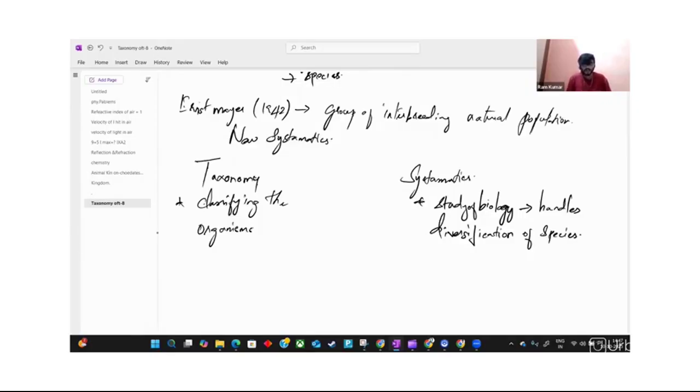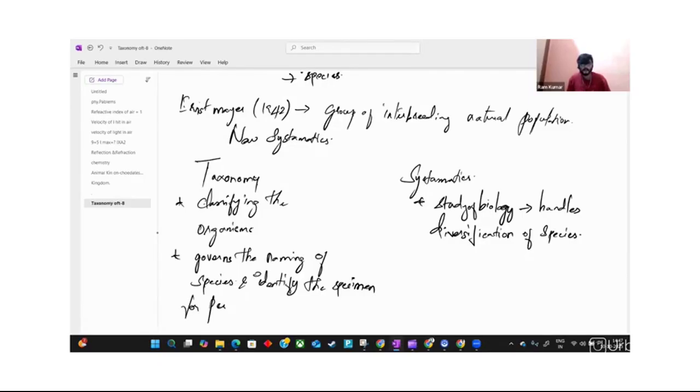Taxonomy governs the naming of the species and identifies the specimen for preservation for future studies. Systematics governs the evolutionary history and relationship of the species.